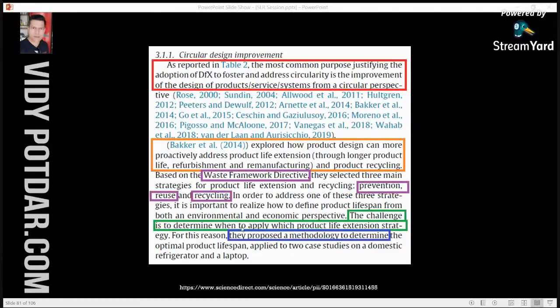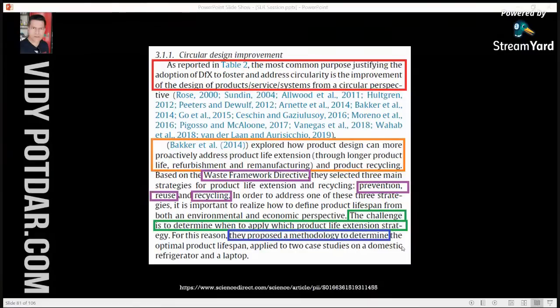The challenge is to determine when to apply which product lifecycle extension. For this reason, they proposed a methodology to determine the optimal product lifespan. So when I read this part of the summary or evaluation of the literature, they have selected a few items.